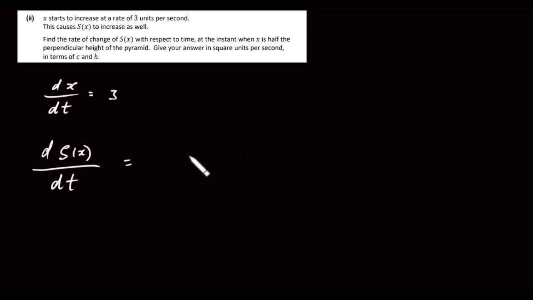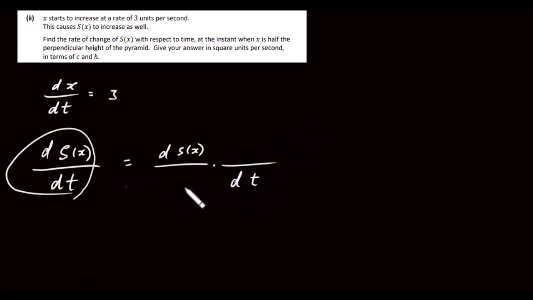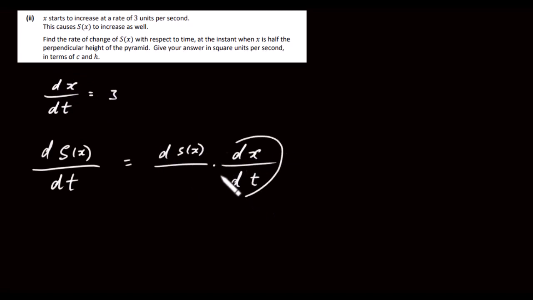Okay, so this is going to be ds(x) over something, and we're going to have the dt here. We've got to multiply those two. So what am I going to put here and here that kind of cancel, if you like, to leave us with this here? Well, we have dx/dt, so put a dx there. Look, we have that. We know that that's 3. So put the other dx here so that they cancel and we end up with this.